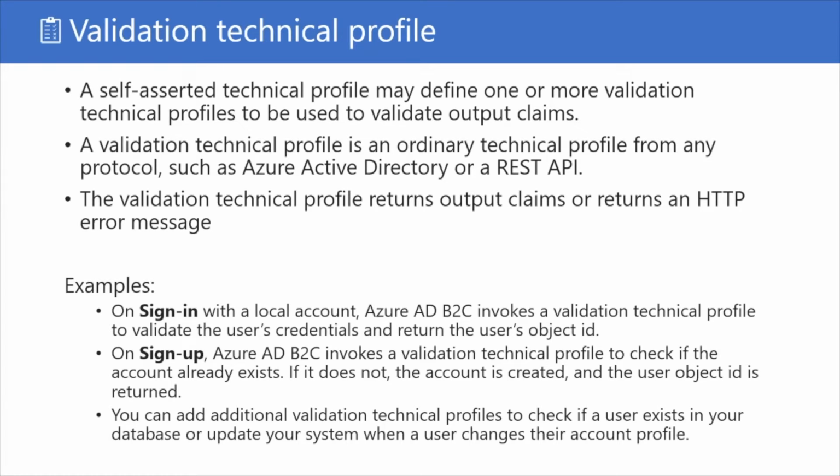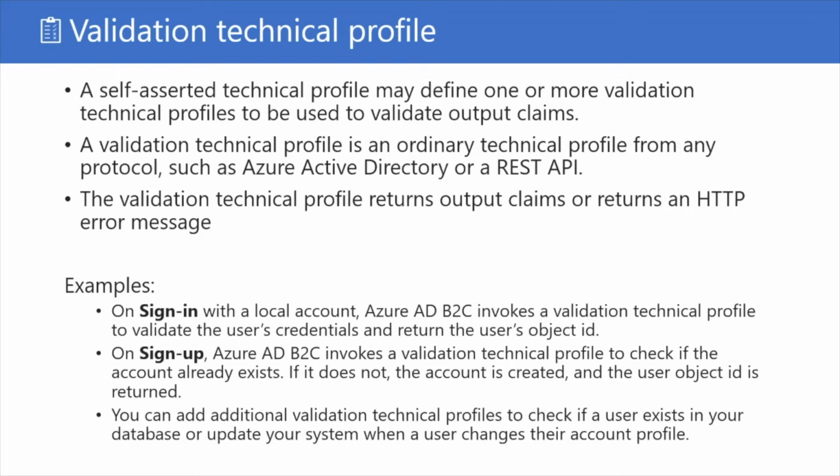So a validation technical profile is just another technical profile from any protocol like Azure Active Directory or REST API. And when it's invoked, the output claims coming from the self-asserted technical profile are available to that validation profile, and it can either return a set of output claims on its own as a result of having called this other profile, or it can return an HTTP error message.